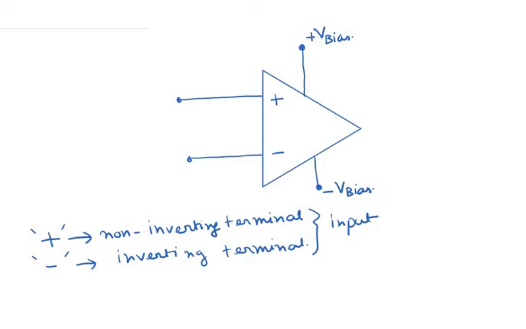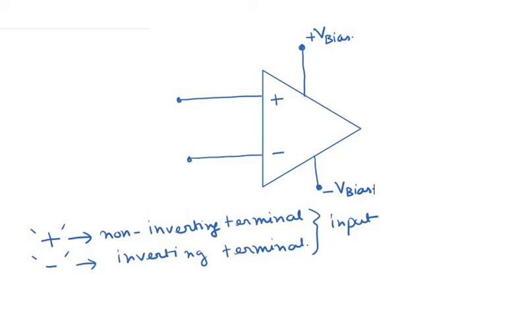Rather, these biasing voltages, plus V bias and minus V bias, are basically fixed DC voltages that need to be connected to the op amp to make the op amp functional. Or in a little more detail, these are the voltages which need to be connected to take the transistors inside the op amp to the forward active mode.